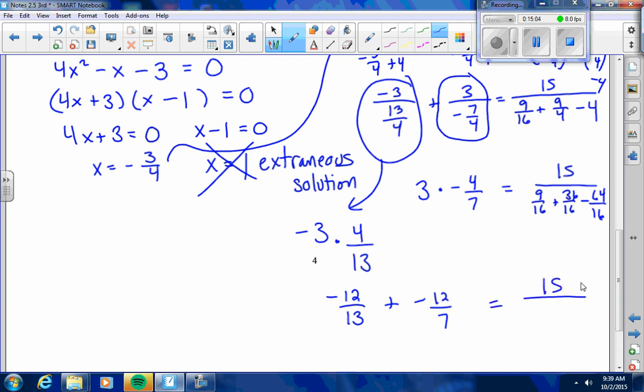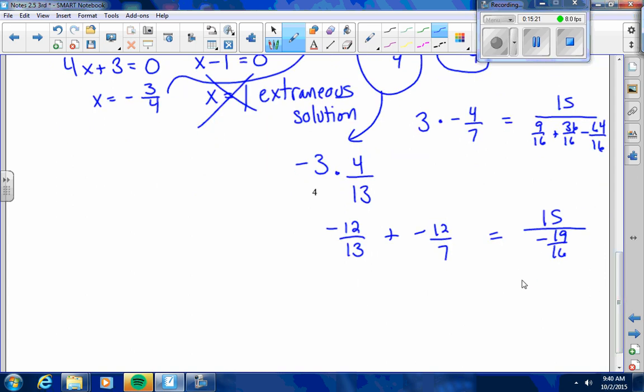Okay, so that's 15 over 9 plus 36, 45. 45 minus 64 is negative 19? Negative 19 over 16. So that's 15 times negative 16 over 19. Okay, now those numbers are just getting really big.